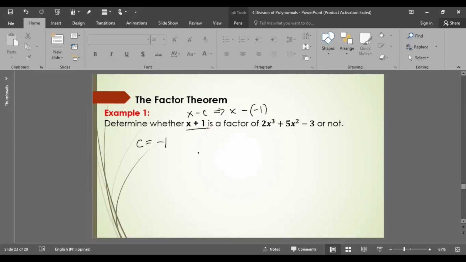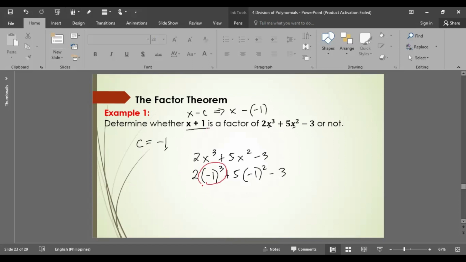Then, we simply replace the variable x in P of x by this value. So we copy first P of x, then replace x by negative 1. Then perform the necessary operation.